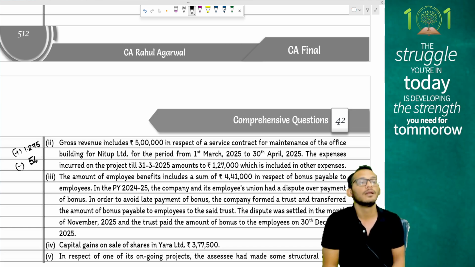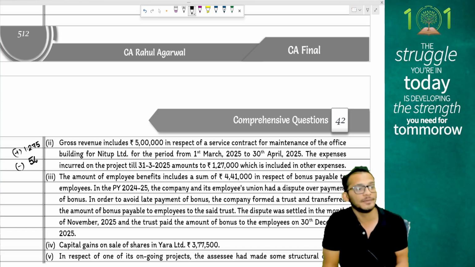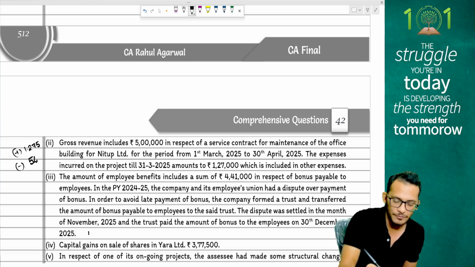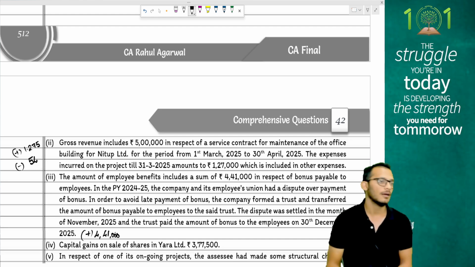Answer is no. This is one special adjustment which we have written in your PGBP chapter also, people, that payment to a trust is not a constructive payment. You will get the deduction only when you pay the money actually to the employees. Therefore, this will get disallowed. You're not allowing this deduction.